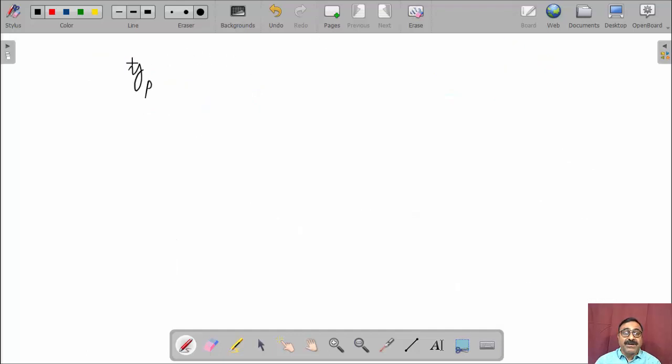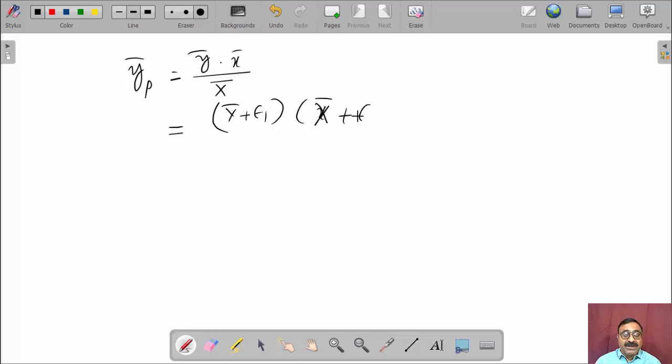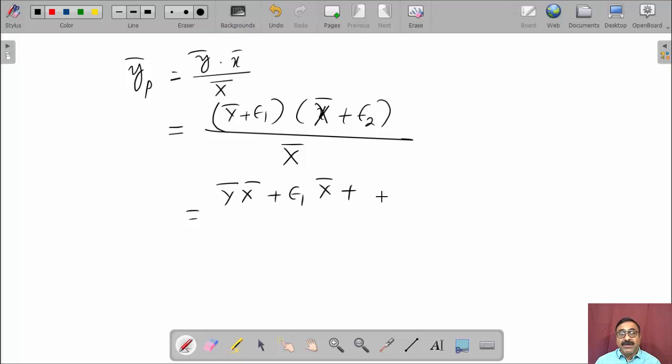Now, our product estimator is given by Ȳ_p, that is equal to ȳ into x̄ divided by X̄. So this will be (Ȳ plus epsilon 1)(X̄ plus epsilon 2) by X̄. So this will be equal to Ȳ X̄ plus epsilon 1 X̄ plus epsilon 2 Ȳ plus epsilon 1 epsilon 2, divided by X̄.